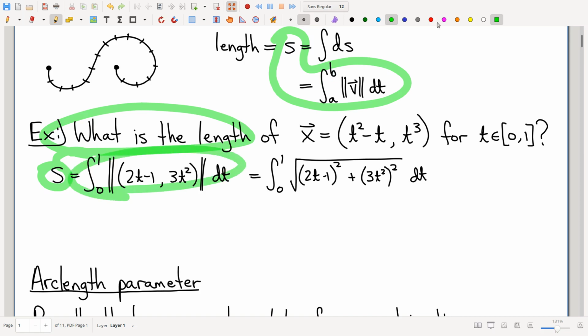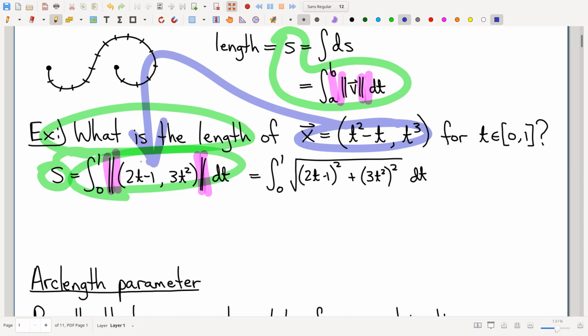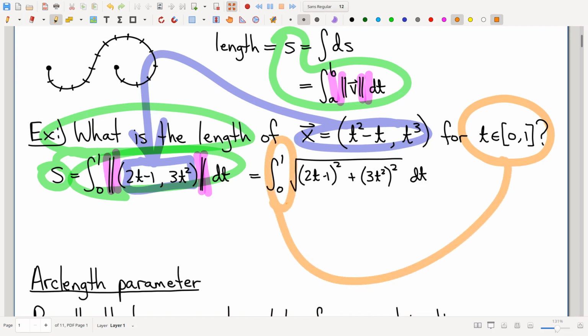In particular, the magnitude of the velocity. So you see we're taking the magnitude. Now I do have to take the derivative of the parametric curve to get my velocity here. There's one little bit of calculus we have to do, but it's really just plugging in. And notice our bounds, the starting and ending points of the parametric curve, become the bounds of the integral, and now it's just a matter of computing that integral.